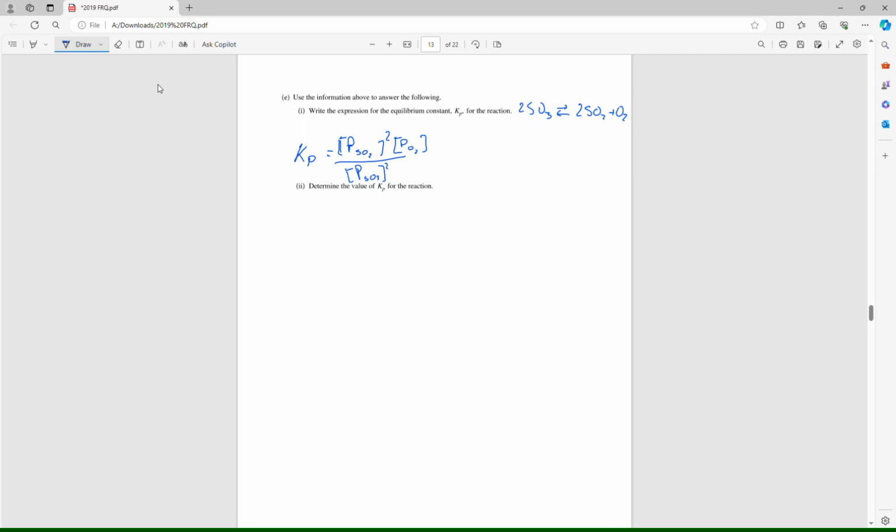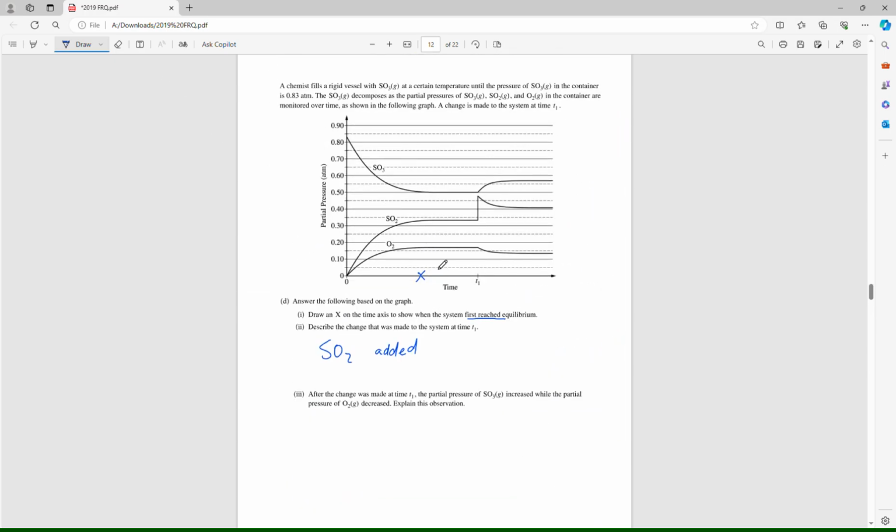For part 2, determine the value of Kp for the reaction. So we just have to find a point where the reaction was at equilibrium, deduce those pressures, and plug them into this expression. So we could do our first equilibrium, which is when it first plateaued, or the second equilibrium values.